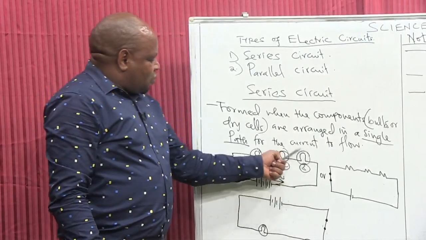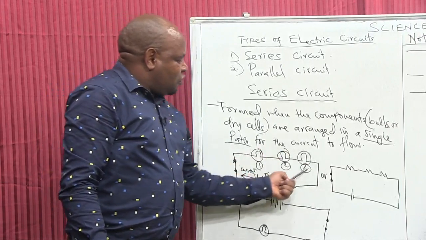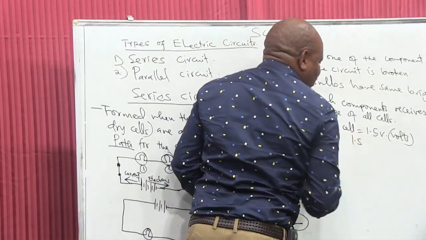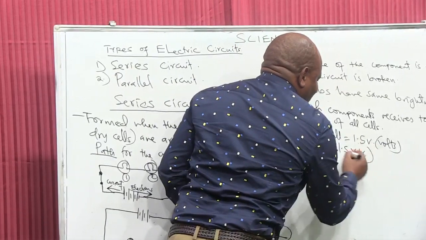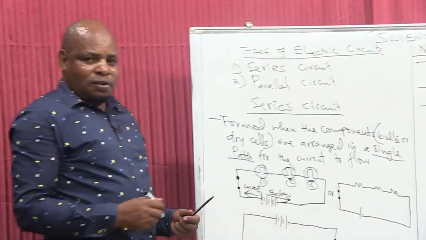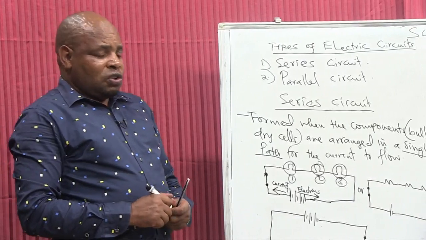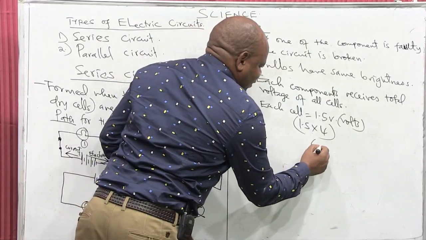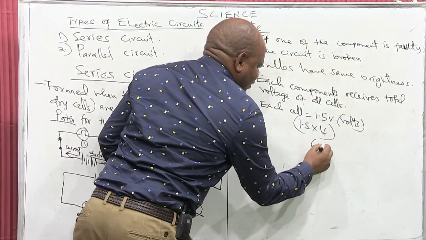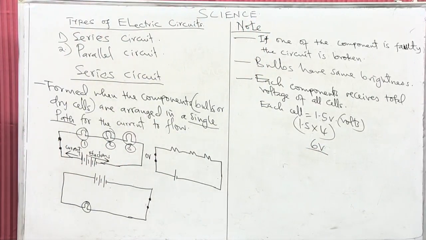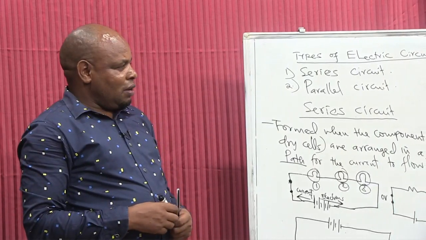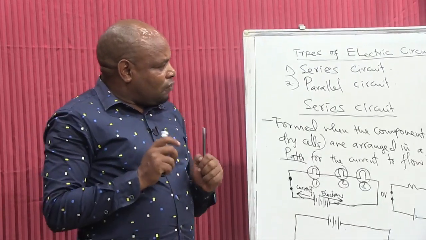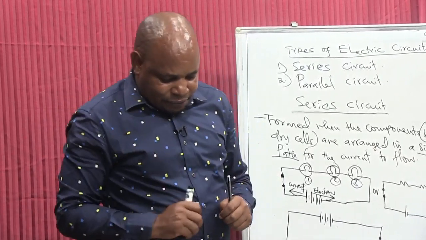The total voltage received by these 3 components is given by the voltage of a single cell multiplied by the number of dry cells. From our circuit, there are 4. So the total voltage here is 6 volts. That's what we mean by each component receives the total voltage of all cells.